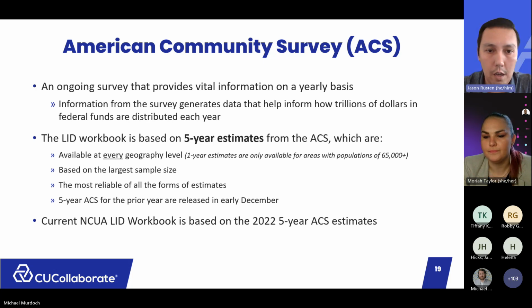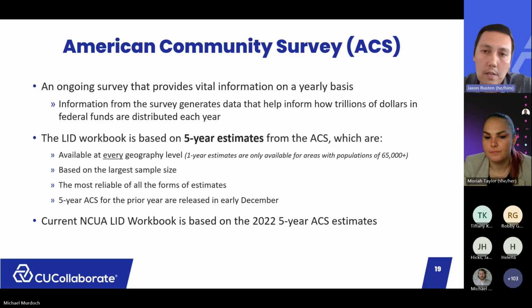A lot of marketing companies rely on it for targeting information. A host of federal programs and federal funding initiatives base their allocations to different regions on data that comes out of the American Community Survey. And, as we all know here, the NCUA uses that data to figure out which geographies have incomes that qualify as low income.